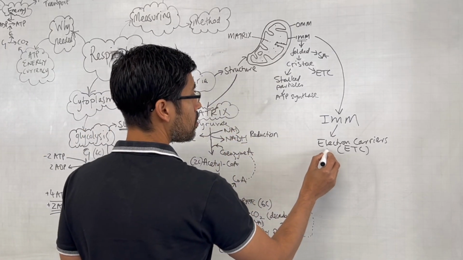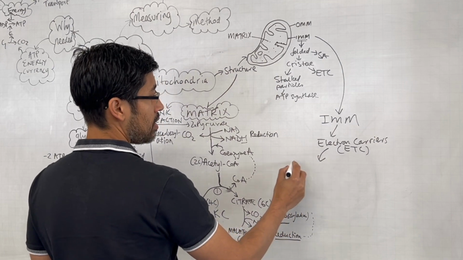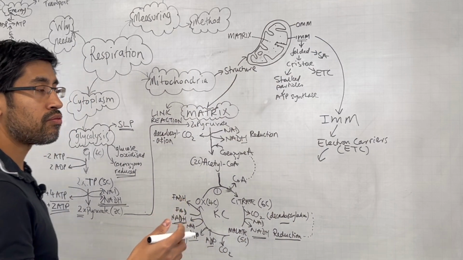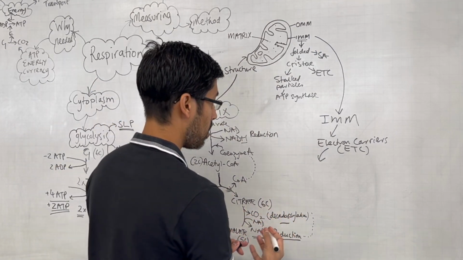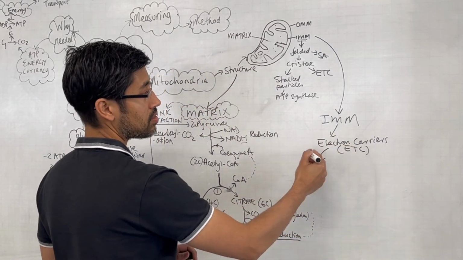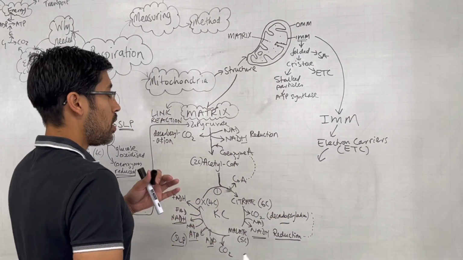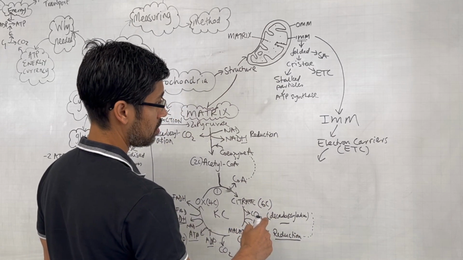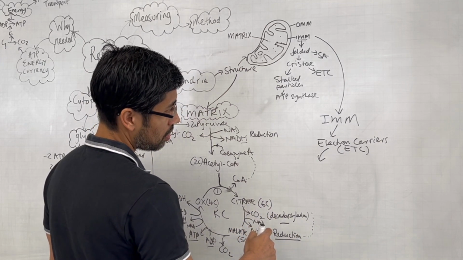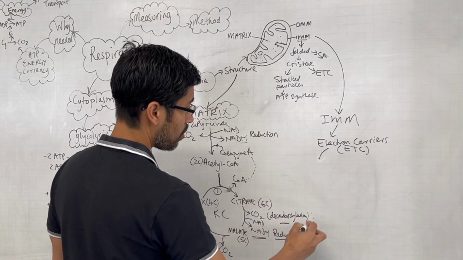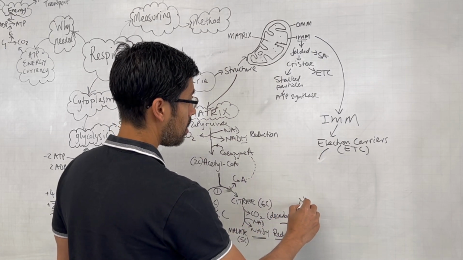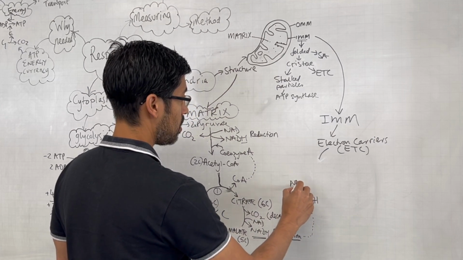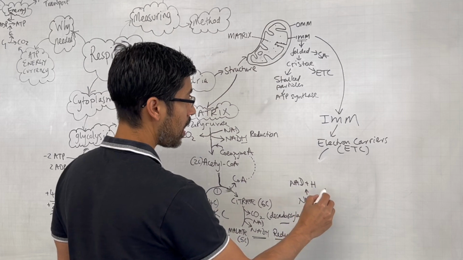What they do, remember, is that they receive the electrons in the form of the hydrogens. So the hydrogens are delivered essentially. So what can we say here? Really what's happening is NADH is splitting up here into NAD plus H.